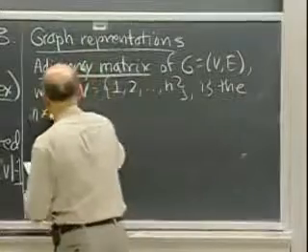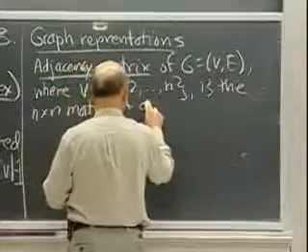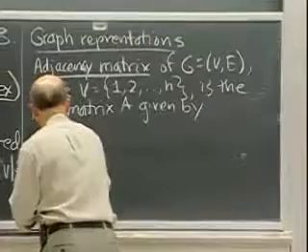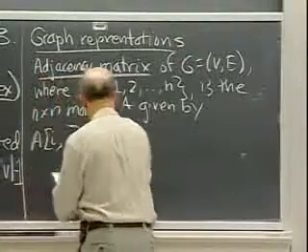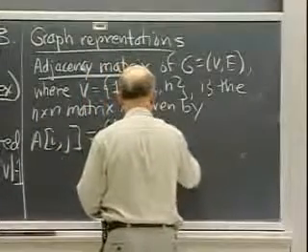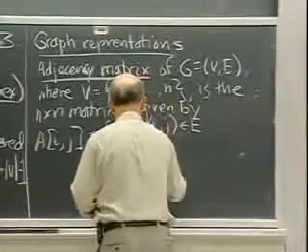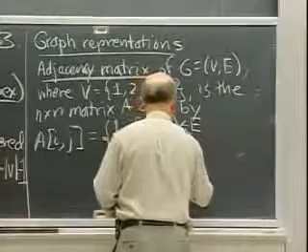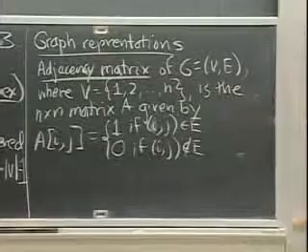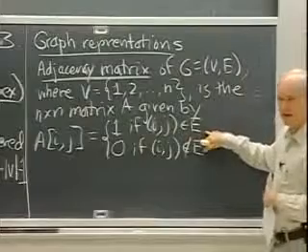is the n by n matrix A given by: the ijth entry is simply 1 if the edge ij is in the edge set, and 0 if ij is not in the edge set. So it's simply the matrix where the ijth entry is 1 if the edge is present.